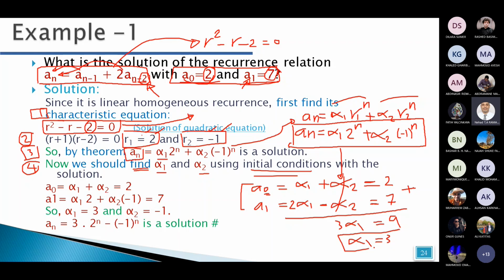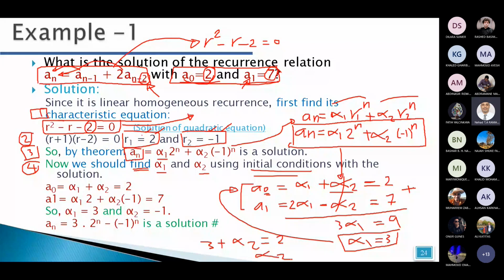We get alpha 1. Now, put the value of alpha 1 here in this equation. You will get alpha 2. So, alpha 1, it's 3. So, 3 plus alpha 2 equal 2.